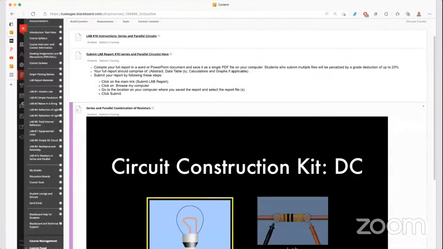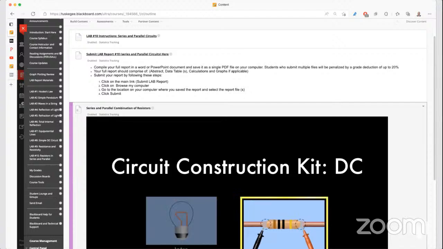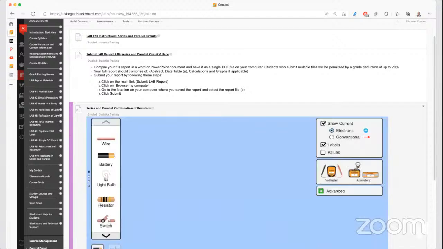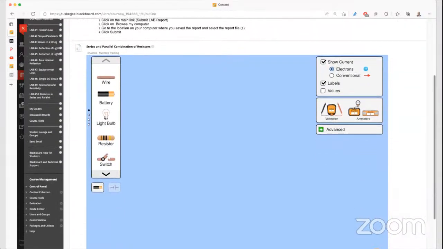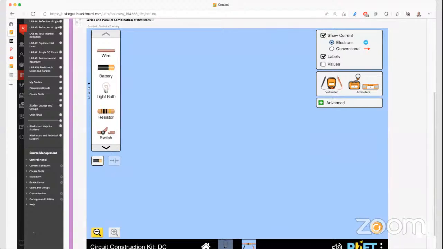For the simulation window, we're going to use the lab option for the circuit construction kit. This is how the simulation window looks. I'm going to turn on the schematic view. You have the real life view and the schematic view.